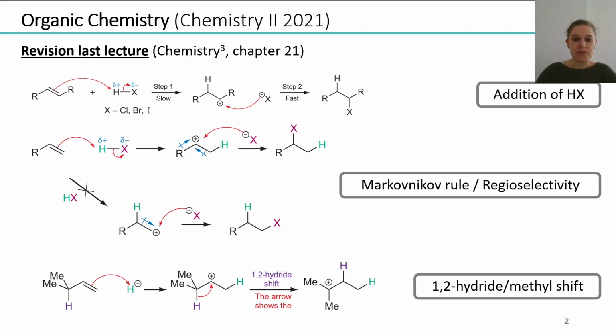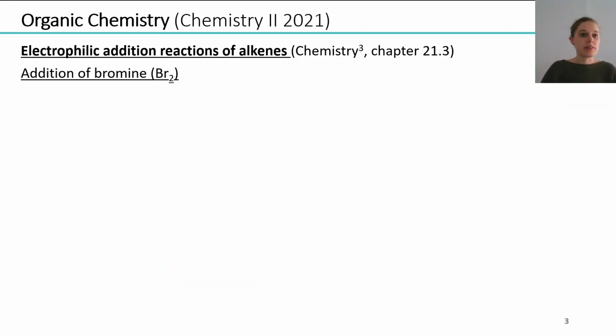products. And today we will start with the electrophilic addition reactions of alkenes, and here we will start with the addition of bromine. And first of all, you might wonder how the bromine can react as an electrophile, because you would not expect to have a charge in this molecule.